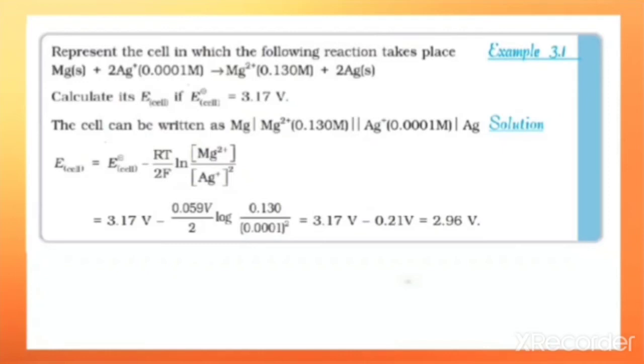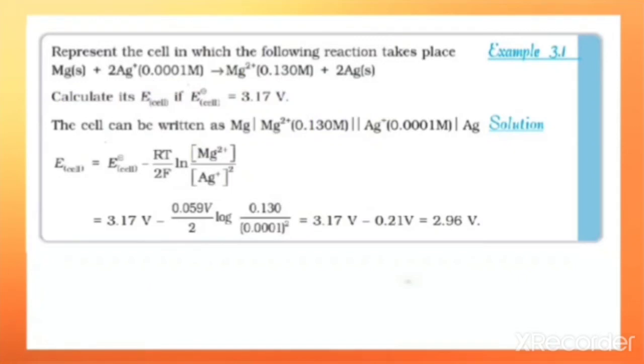Now look here, what we have on the product side, that is Mg2+. So that value we have to write in the numerator. What we have on the reactant side, that is Ag+. Here the concentration of Mg and the concentration of Ag is taken as unity, so no need to look at that, only look at the ions here.